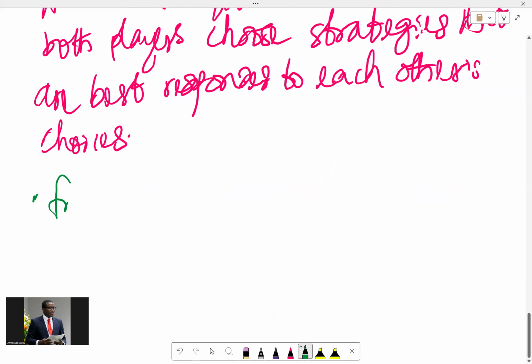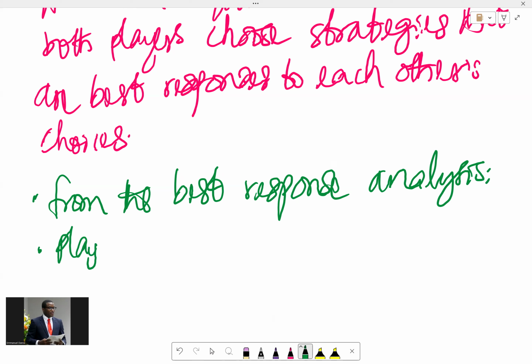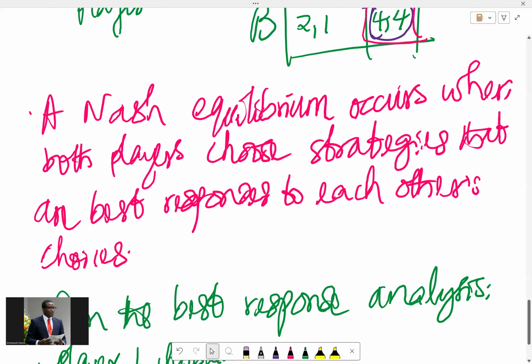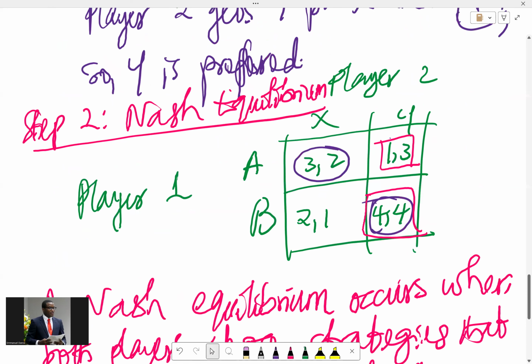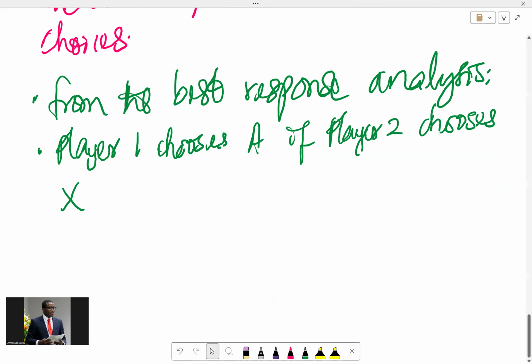Okay, that's one point. So from the best response analysis, which we did above, we know that player one chooses A if player two chooses X, right?